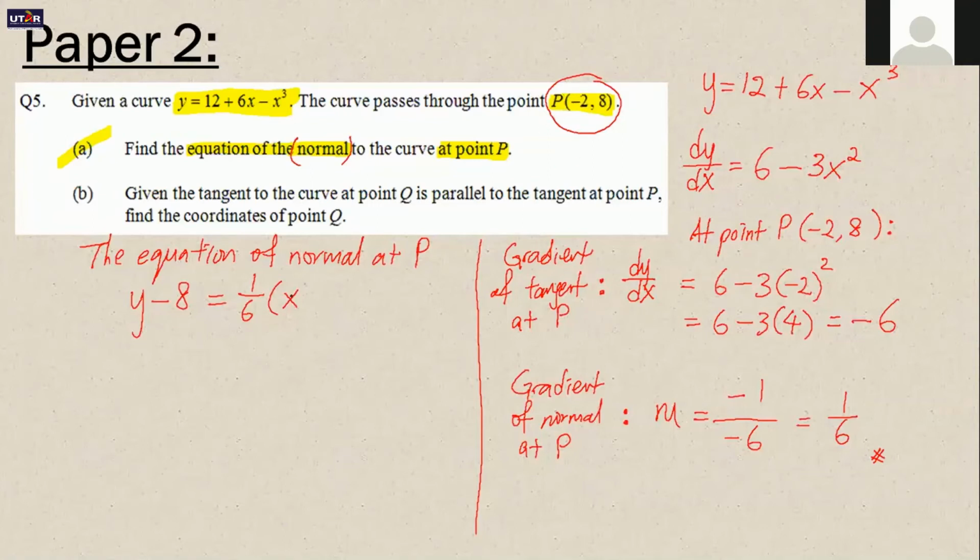So x minus negative 2, negative becomes plus, so it becomes x plus 2. Okay. So simplify it.